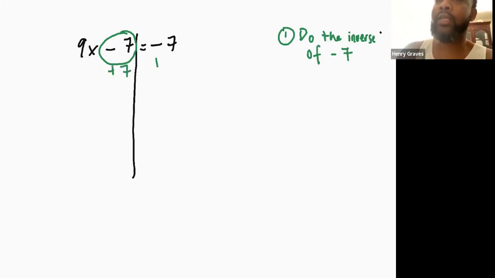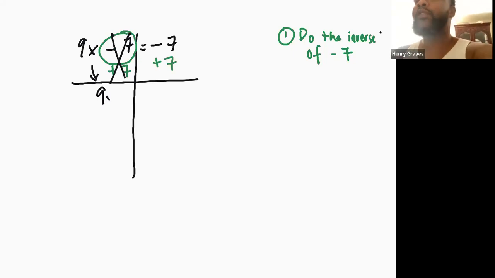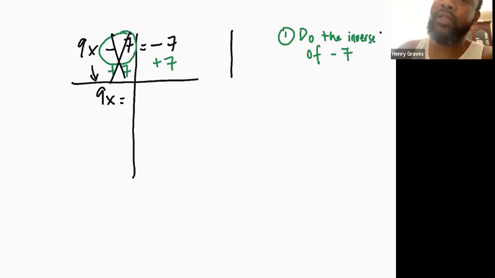Now, in this case, I did that, and this goes away completely. I bring down my 9x. Now, here's where it may get a little confusing for some of us. If you noticed, very quickly, I have a -7, and then I also have a +7, right?